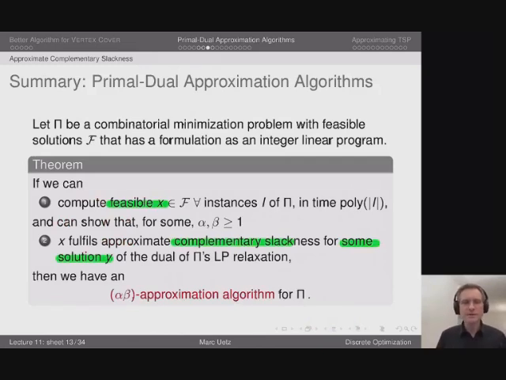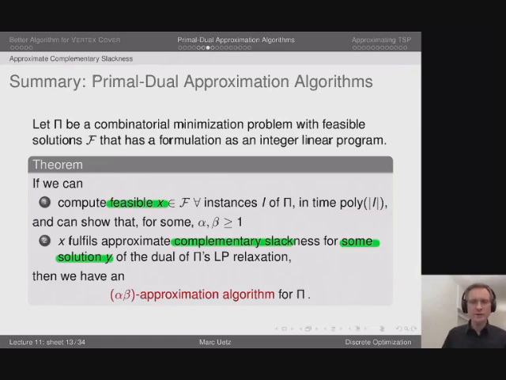So let me summarize now what we did. If we talk about the combinatorial minimization problem, F being the set of feasible solutions that actually has a formulation as an integer linear program, then this theory describes a recipe for obtaining approximation algorithms. Namely, we have to be able to compute feasible solutions x for all instances of the problem in polynomial time.